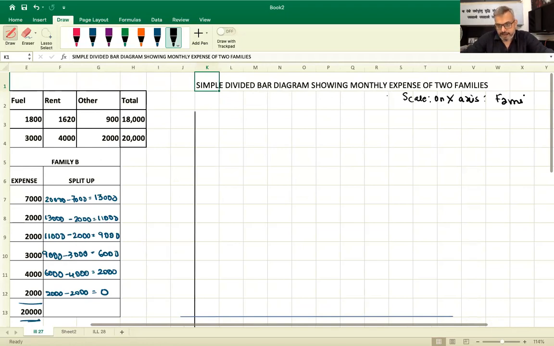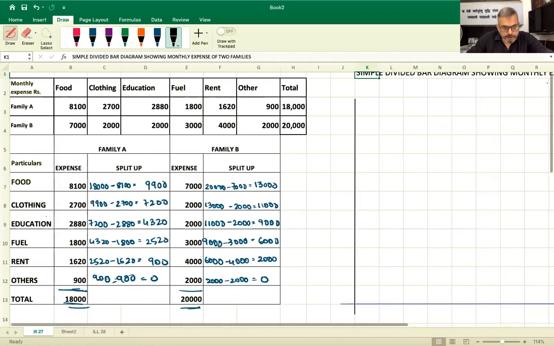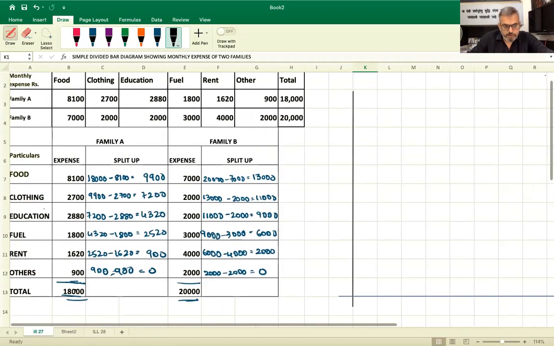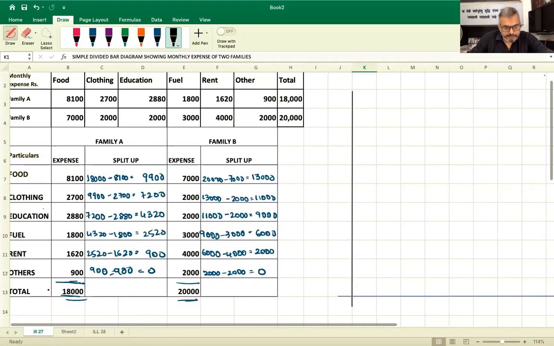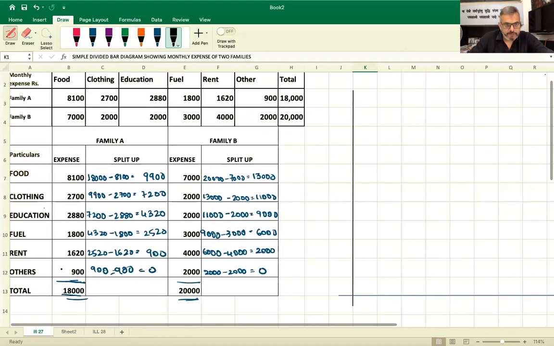Now how to take this, I'll show it to you, don't worry. On y axis, now pay attention, all of you, for a while. Now here, total is 18,000. So one bar will be of 18,000 and the other will be 20,000.